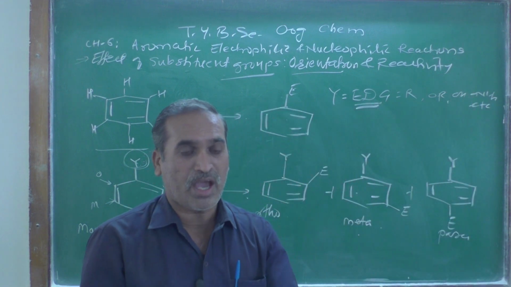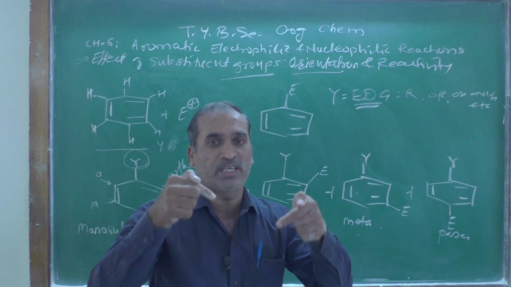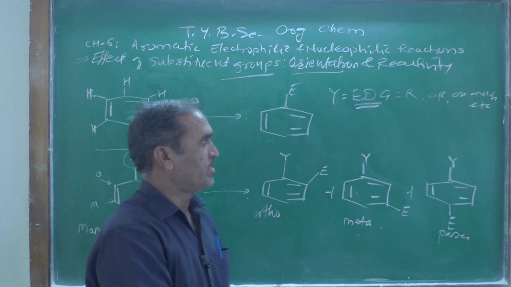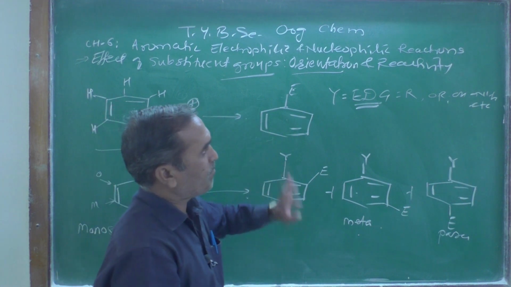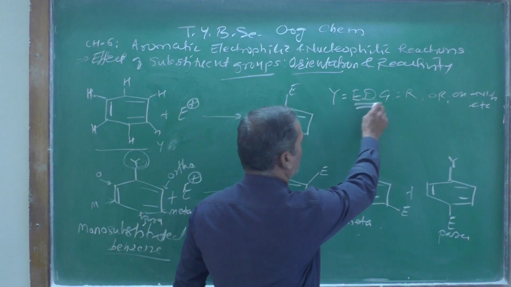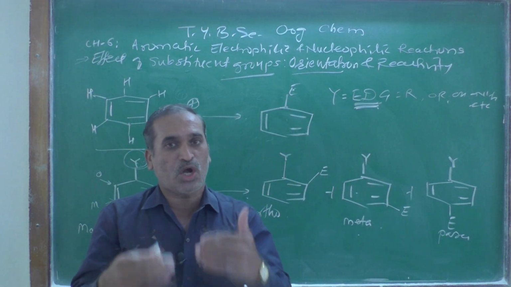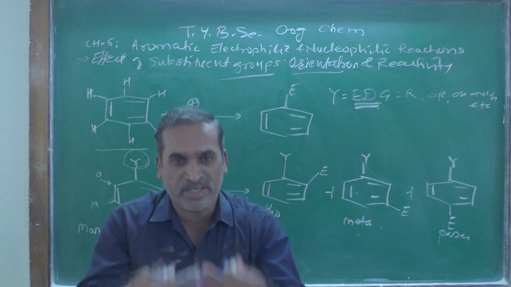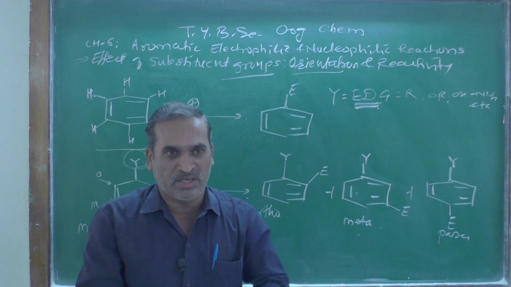They have the ability to donate electrons to the benzene ring, and this type of group is called an electron donating group. Electron donating group means they are donating electrons to the benzene ring.